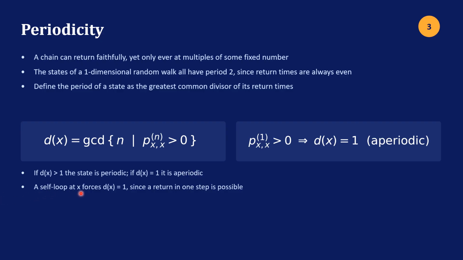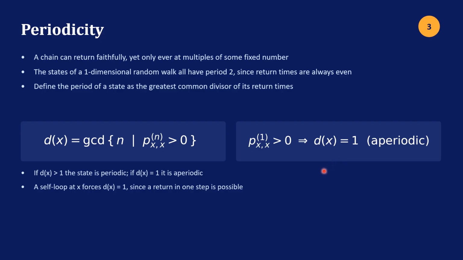A self loop at a state x forces d(x) equal 1, the GCD of all the return times, to be 1, since the return in one step is possible. That's what I've written here in notation. If the probability of returning back to the state in one step is greater than 0, then d(x) equals 1, and the state is aperiodic.